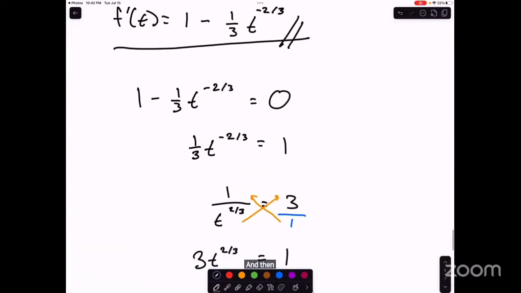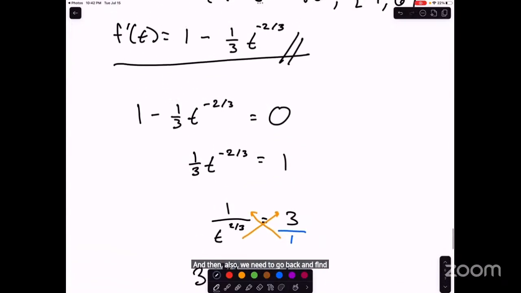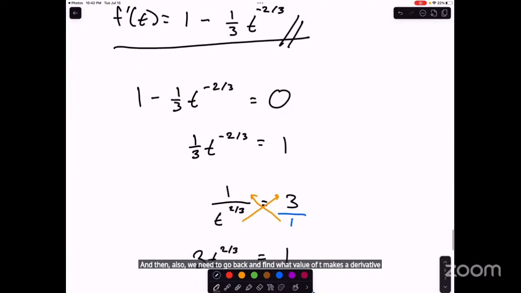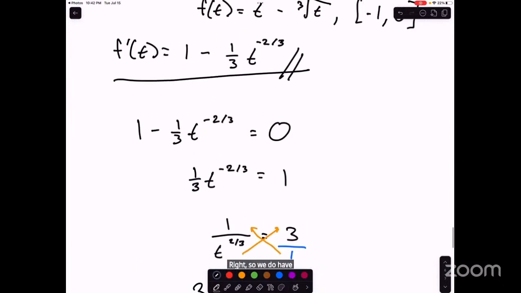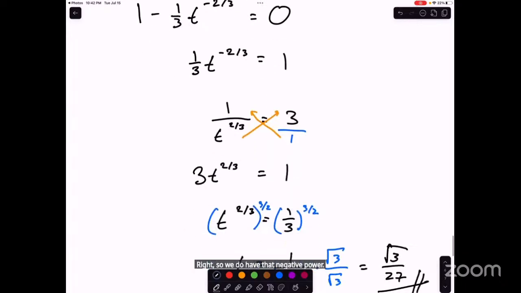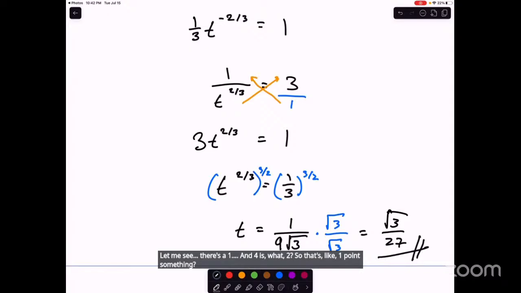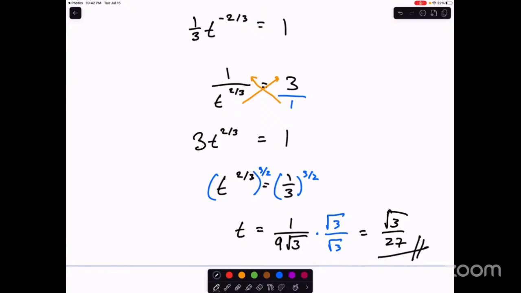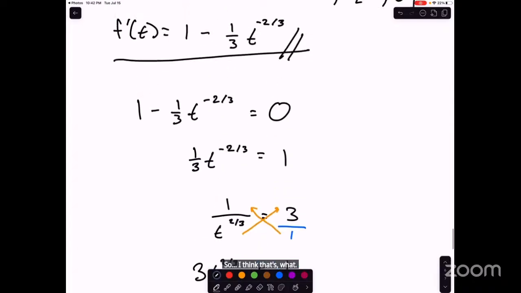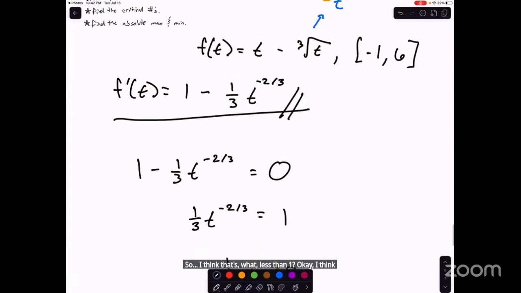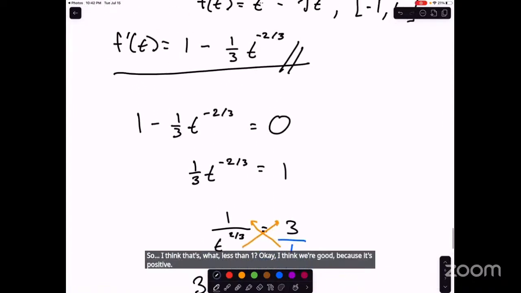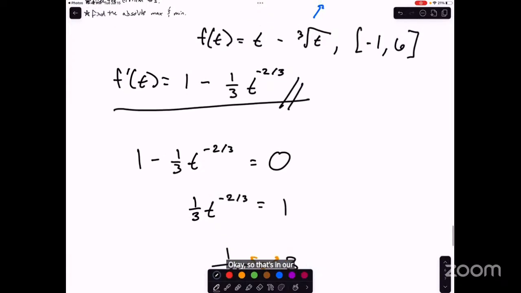And then we also need to go back and find what value of t makes the derivative undefined, right? So we do have that negative power. Is that inside of our domain? That's a 1, and 4 is 2, so that's like 1 point something, less than 1? Okay, I think we're good because it's positive. So that's in our domain.